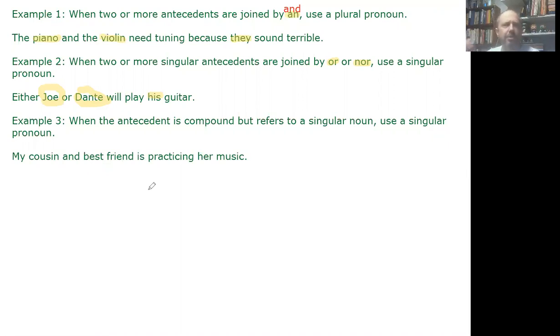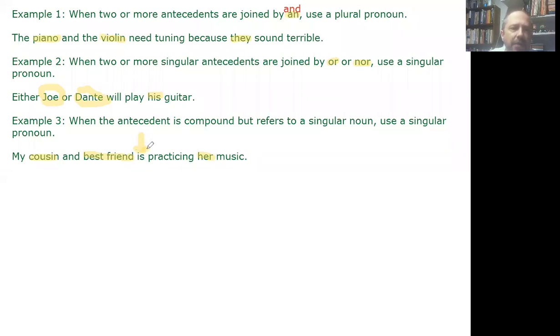Now let's see, this sounds a little weird at first until I look carefully. The pronoun her is singular, which means cousin and best friend have to be the same person. Okay, so there's one person who is my cousin and my best friend. We also notice that the verb is singular as well.